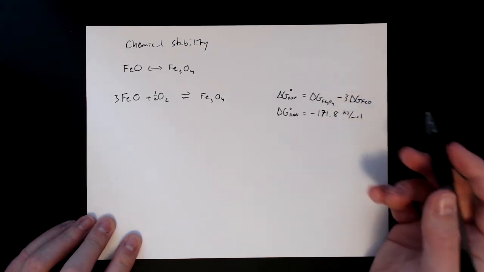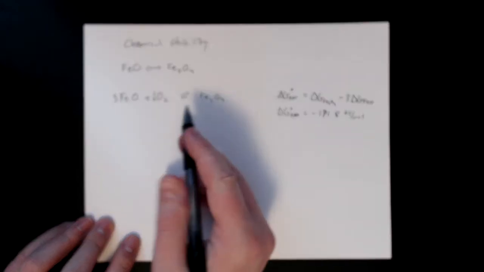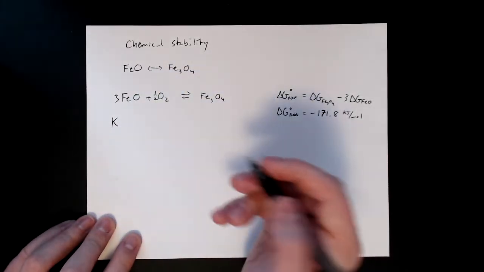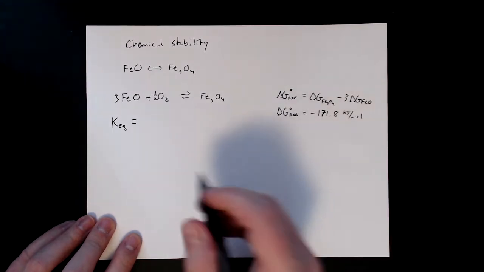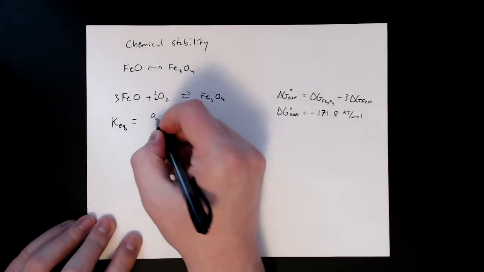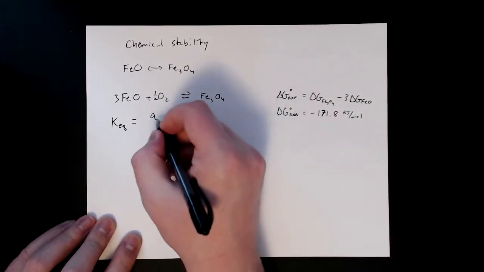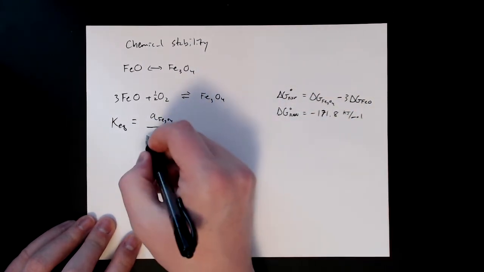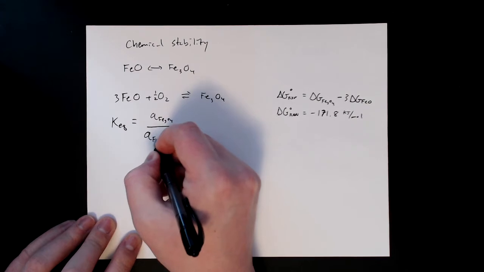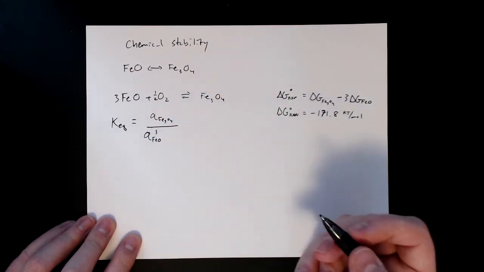Okay, so the next step after we have this is we want to get the mass action expression, K equilibrium, and so we can write that as activity of Fe3O4 over activity of FeO to the 3.